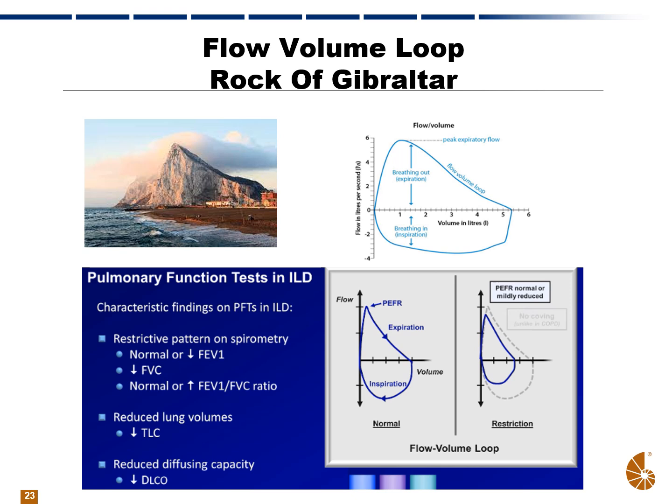You may also see on exams a flow volume loop. What I like to remember is that a normal flow volume loop looks like the Rock of Gibraltar, which is pictured in the upper left. So if you see a flow volume loop that looks like the Rock of Gibraltar, it's probably normal.